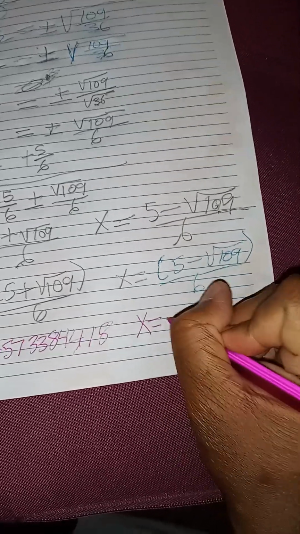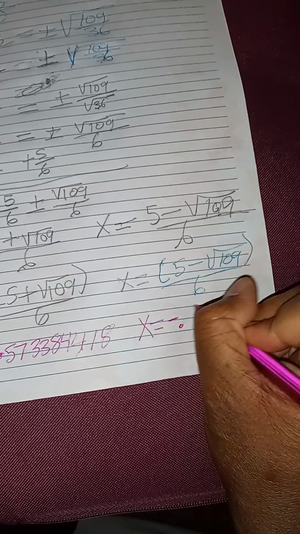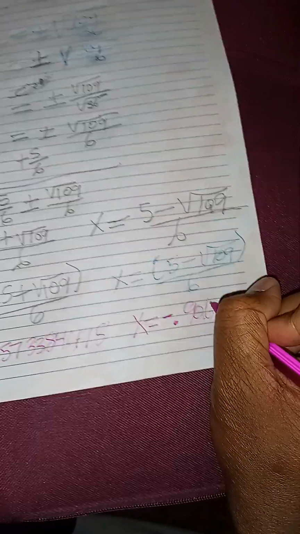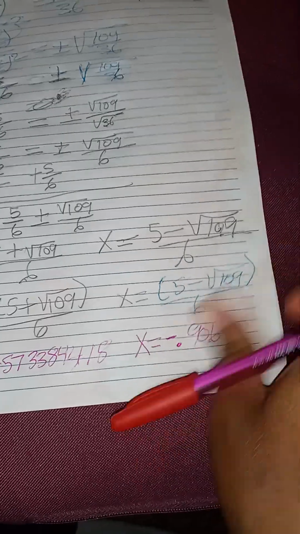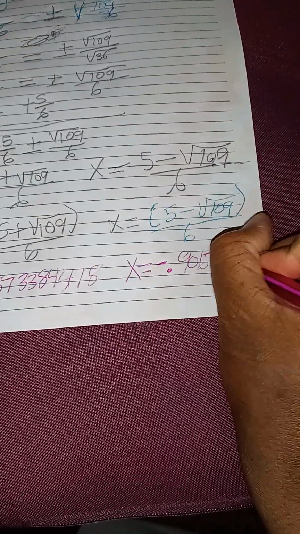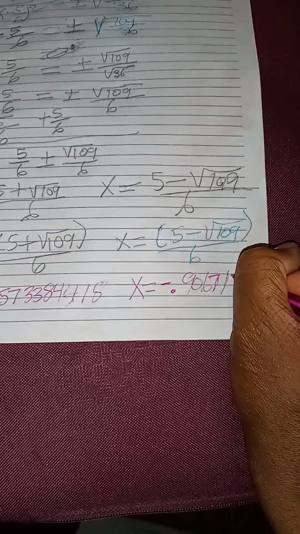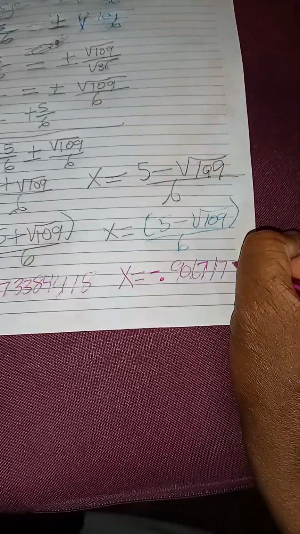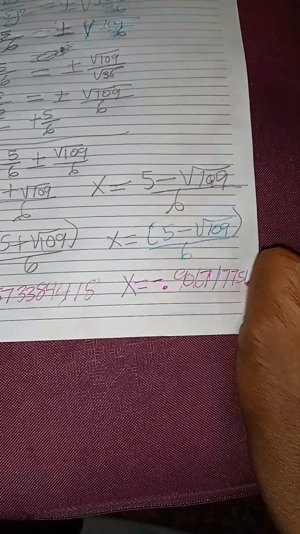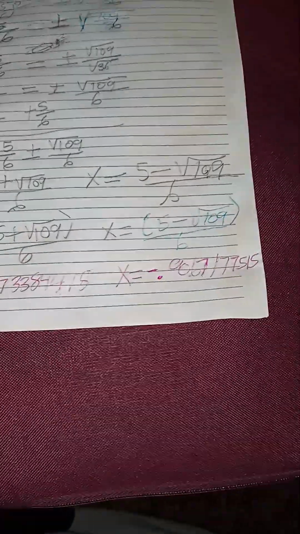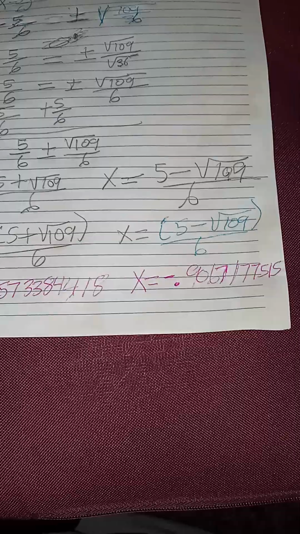And x is equal to negative 0.9067177515. Okay. So let's have that marinate there for a little bit.